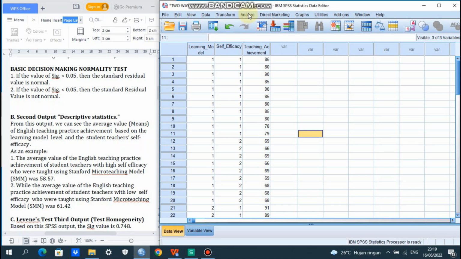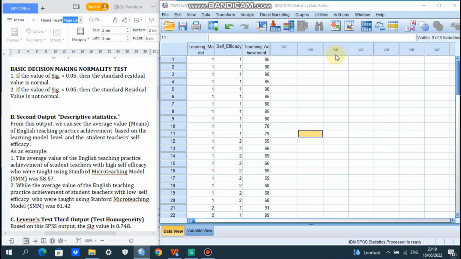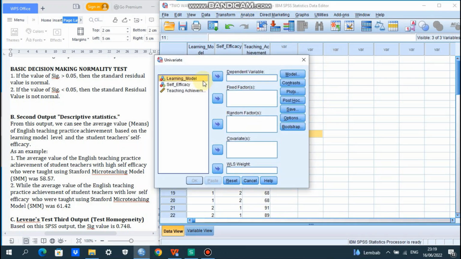The first, click analyze, and then you go to general linear model. You click general linear model and you choose univariate. Okay, and then you click teaching achievement and send it into dependent variable. And then next, learning model on the dialog box on the left, send it to the fixed factor on the dialog box on the right.